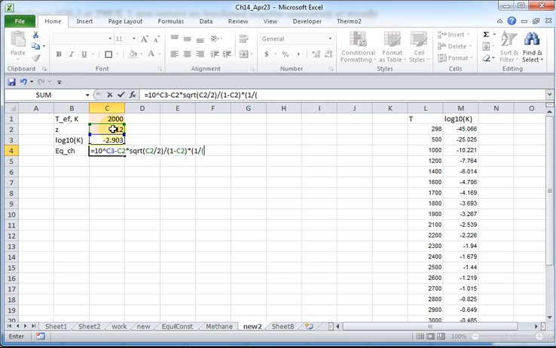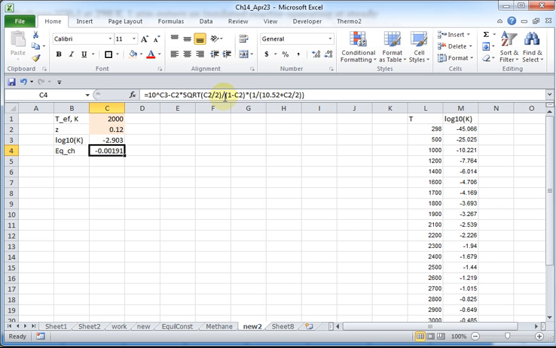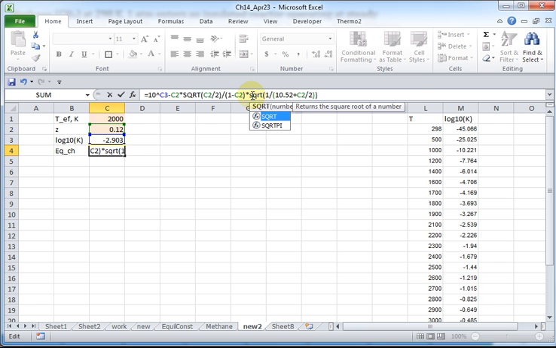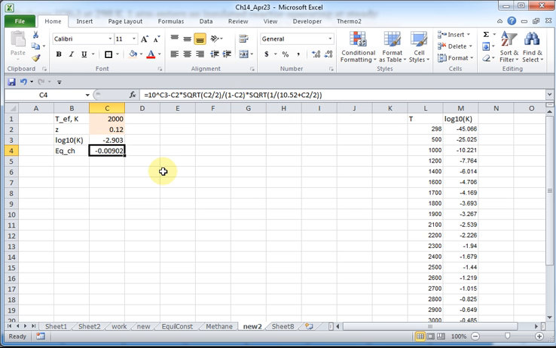Then in the numerator we had that funny 10.52 plus z divided by 2, close parenthesis, that's 1 over that, close parenthesis to 0.5, or I could just take the square root of it right here, SQRT, square root, right? But there it is. So if the equilibrium flame temperature was 2000, this would be the log base 10 of that equilibrium constant.